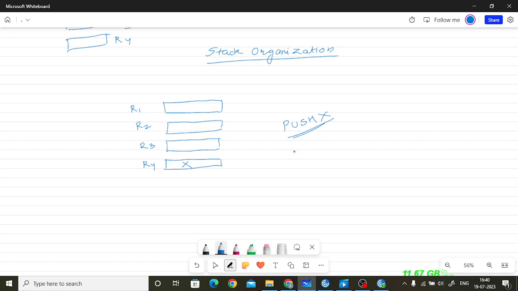Okay, so once we give this instruction PUSH X, X will be pushed to the register at the top of the stack, and then we will be giving PUSH Y. So Y will be pushed on the top of the stack, and once we give the ADD instruction, the contents at R2 and R3 will be added here.